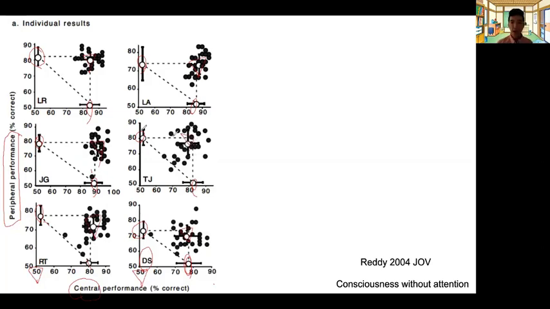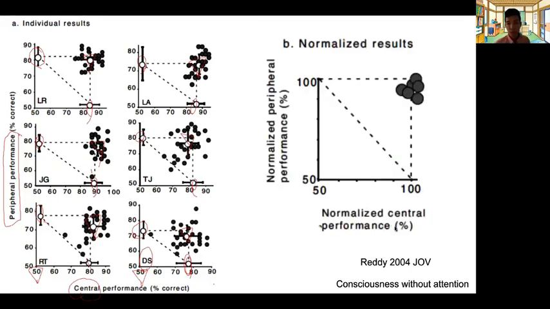And then usually the dual task result is also presented in a way that, to make it easier to understand, the x-axis and the y-axis are normalized to 100% being the same as single task performance. And then here is the format, which is easier to understand. So normalized performance being 100%, and normalized performance for the periphery being 100%.